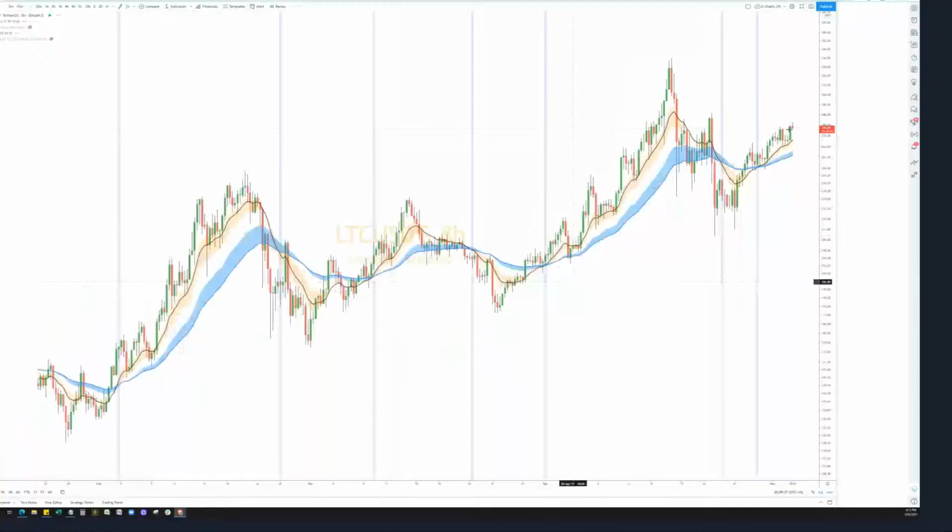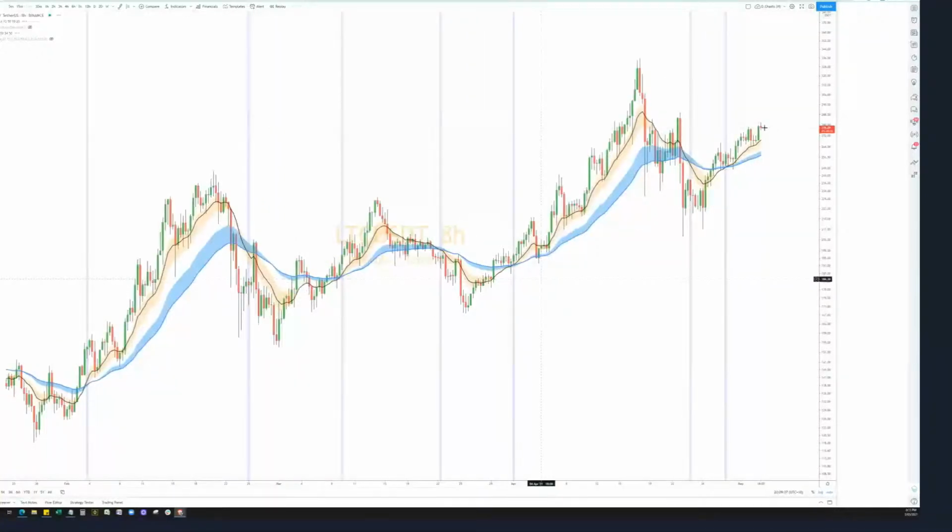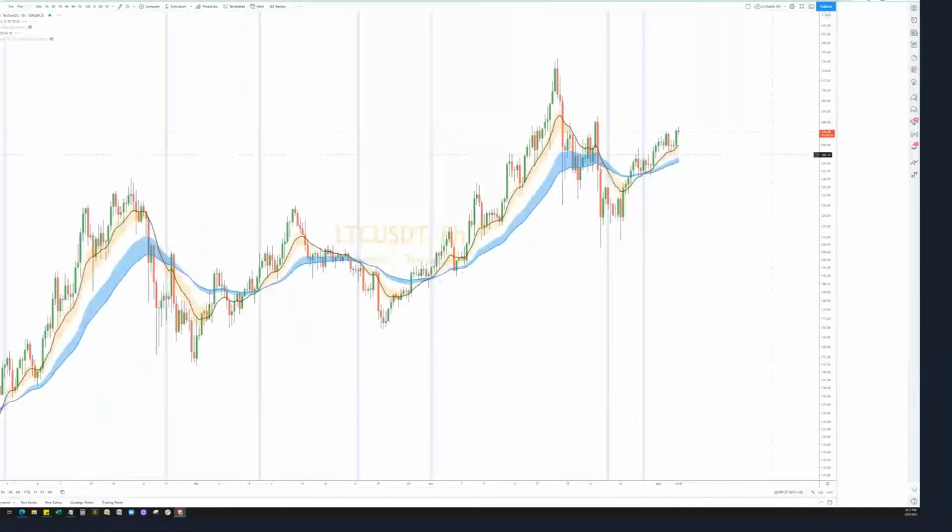So if I was to get my lines, why is my PC slowing down again?